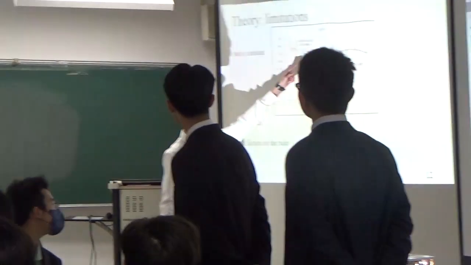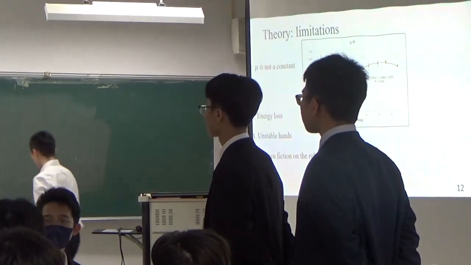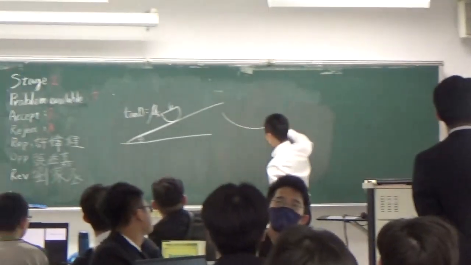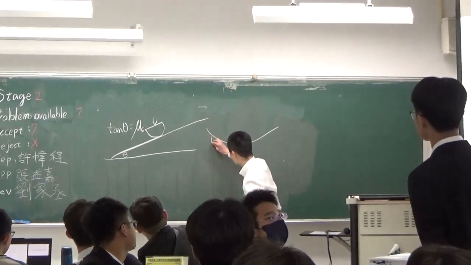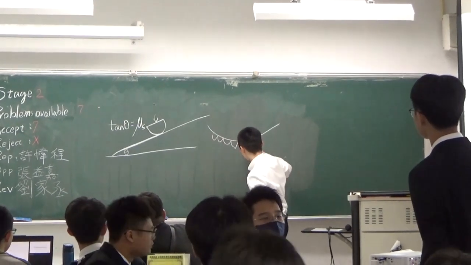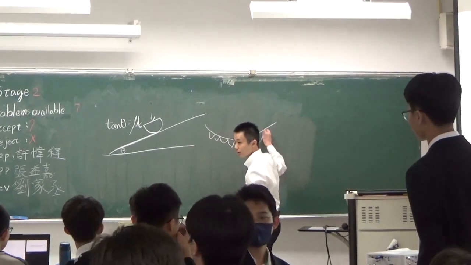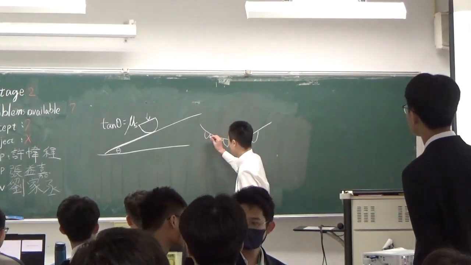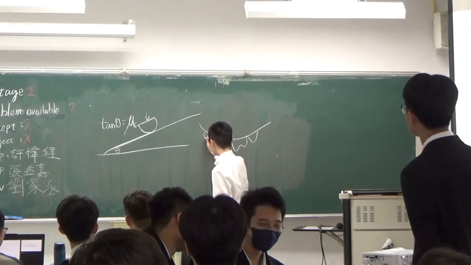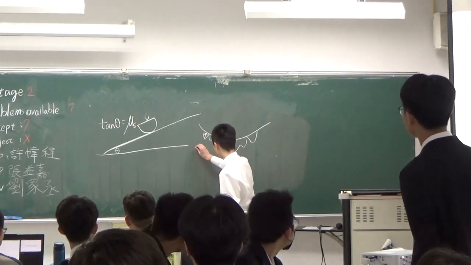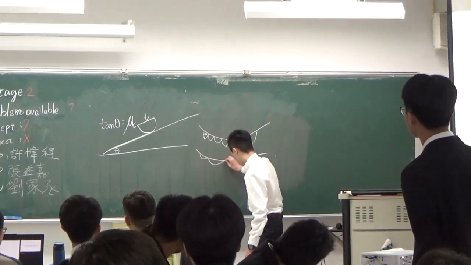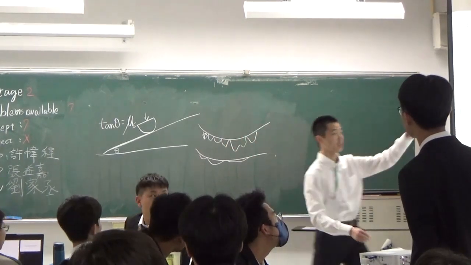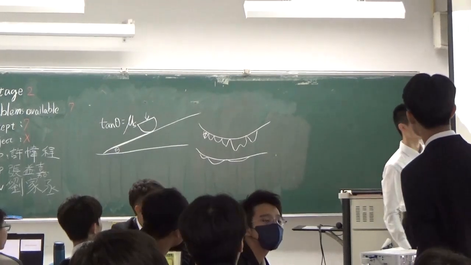Because this is a surface of a ball, it actually has some roots on the surface, irregular roots, and it's soft. So when the normal force is bigger, the root part will go into it and then becomes smoother. So the coefficient of friction will be smaller in this part when the normal force is bigger.